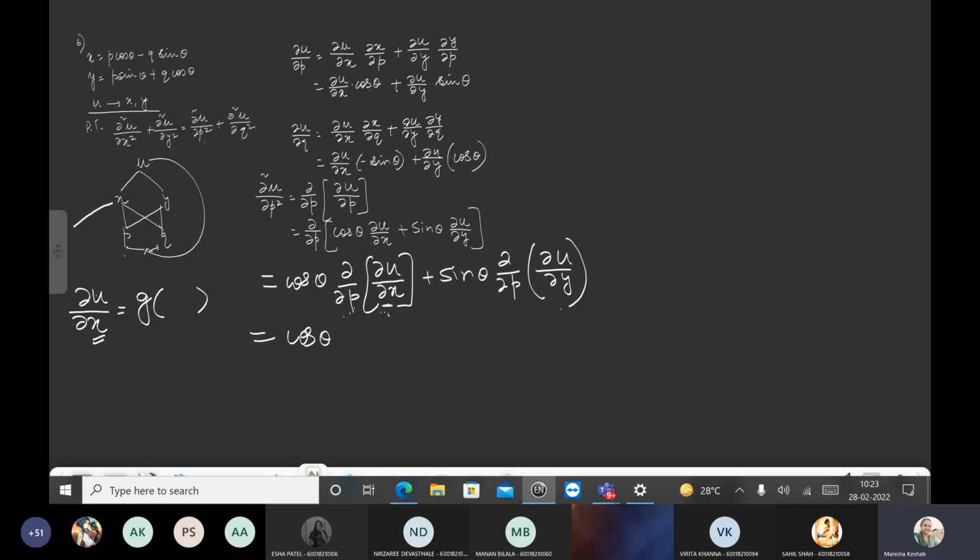Since it is partial, it cannot be a function of just one variable. X and Y. x and y, correct, so del u del x will be a function of x and y both.